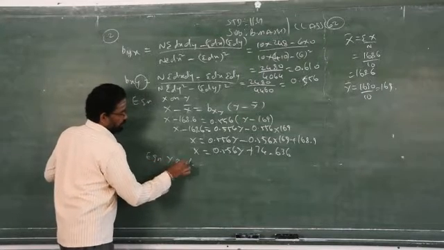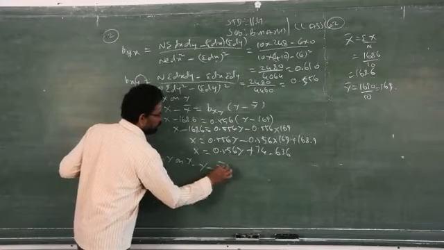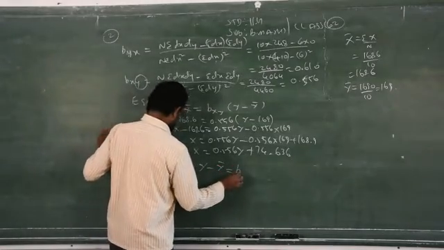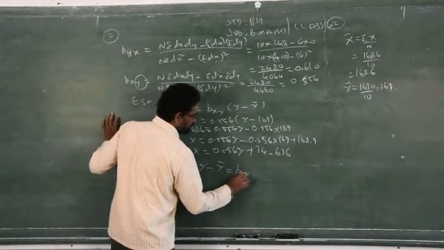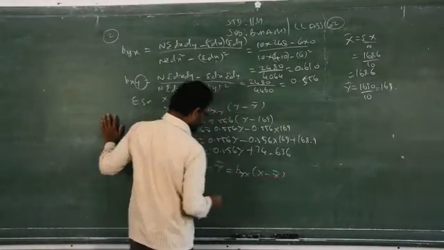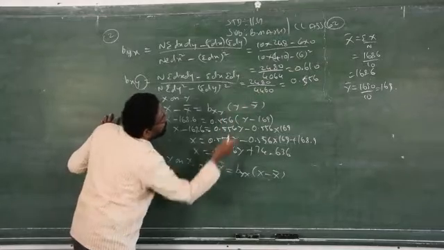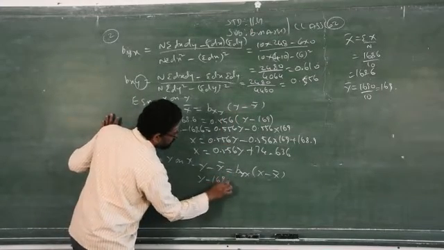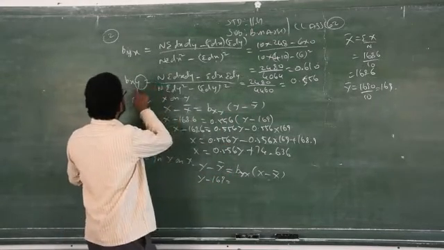Y on x, that is y minus y bar is equal to byx bracket x minus x bar. What is our y bar? 169. What is our byx?